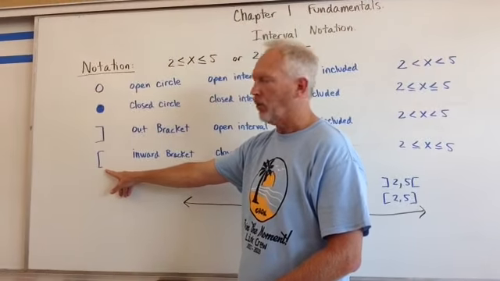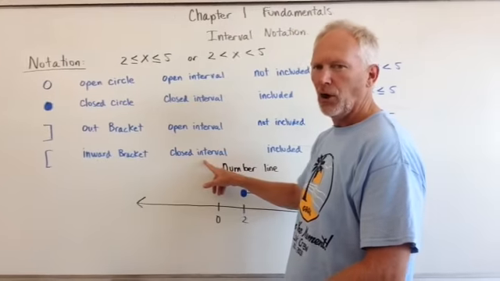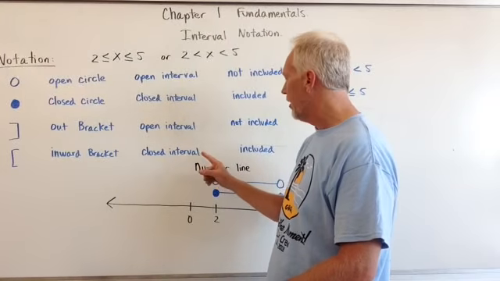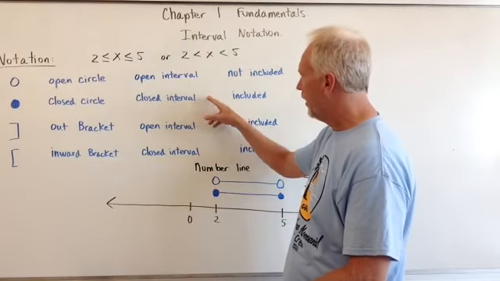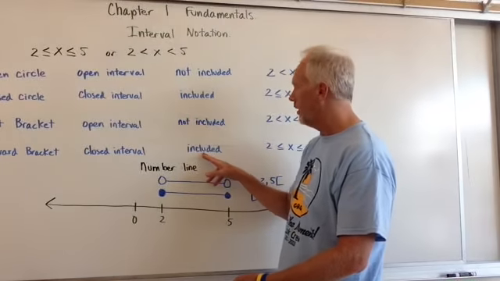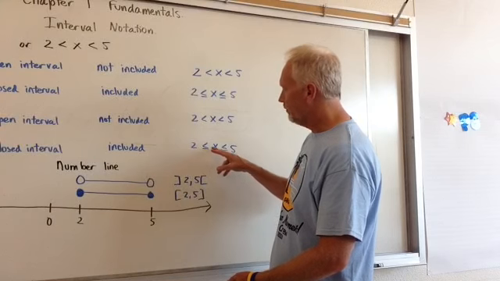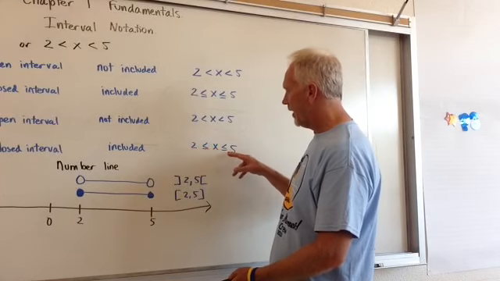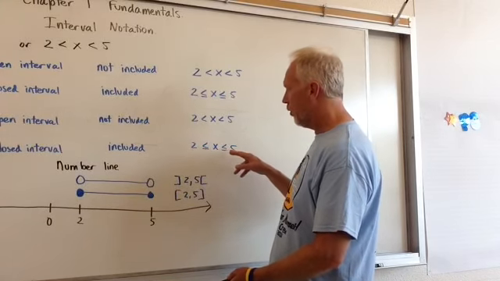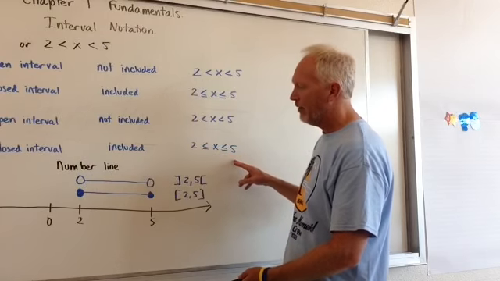An inward bracket would indicate that it's a closed interval. We are using that number, just like we were with the closed circle up here. The number is included, so x is greater than or equal to 2, and x is less than or equal to 5.